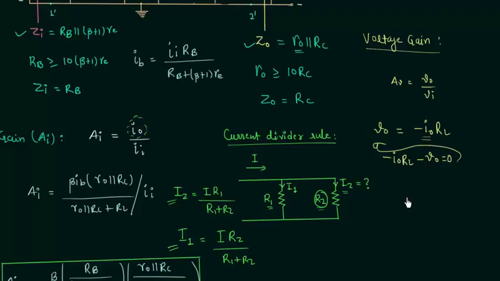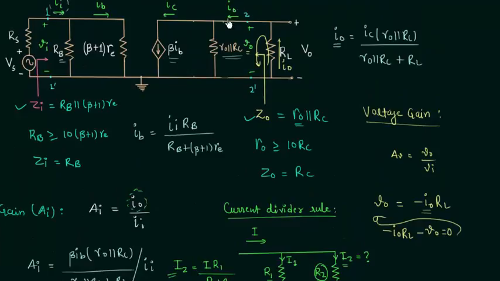IO, the output current, we have already calculated in the last lecture. By using the current divider rule, we can easily find out the output current. The output current is equal to IC, the overall current or the total current, and then we have to multiply the total current with the other resistance. The other resistance is RO parallel RC, because we are having two resistances connected in parallel, divided by the sum of two resistances. So RO parallel RC plus RL.